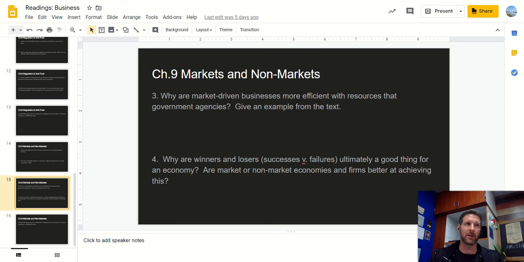Take it to, in a Hindu nation, they're completely off limits even from eating, and they don't have to do anything and can just stay the same because they face no real threats and they're protected, which means they're not going to be efficient with resources. There's going to be a lot of waste and a lot of missed opportunities because they're just not motivated to do anything about it. So it's because they're fighting for survival that market-driven businesses are more efficient than government agencies.